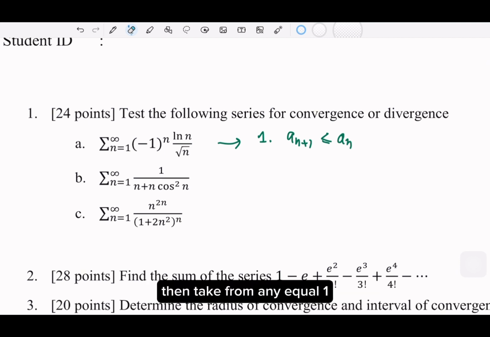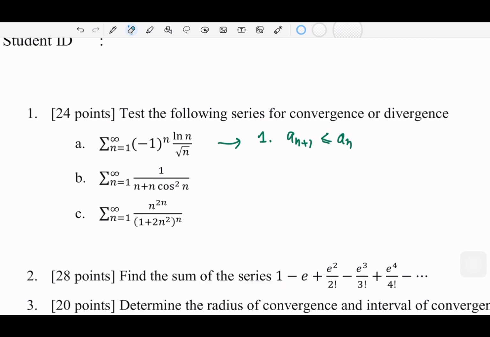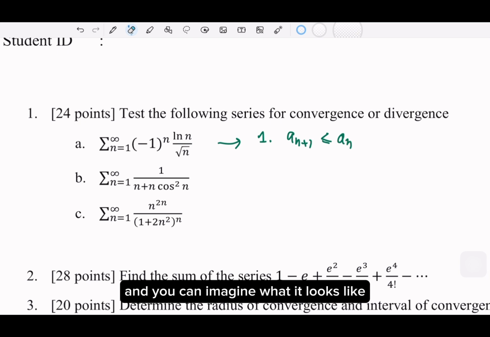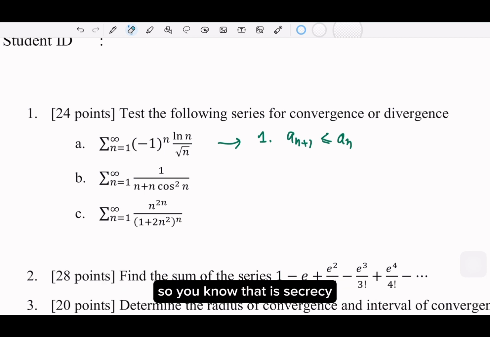You can check from n equal 1, which is 0, and n equal 2 is ln 2 over square root of 2, and then ln 3 over square root of 3, and you can imagine what it looks like if we add more terms. You could check the terms, even use a calculator, to check whether it's decreasing. So you know that it's decreasing.